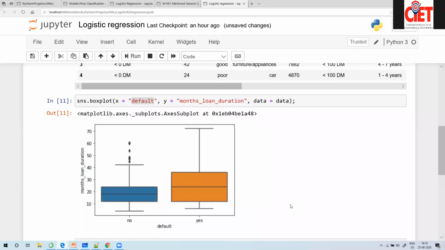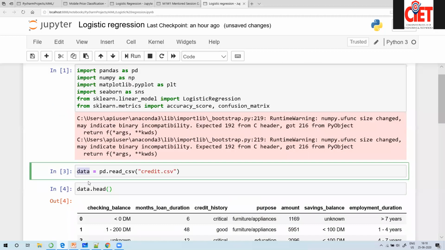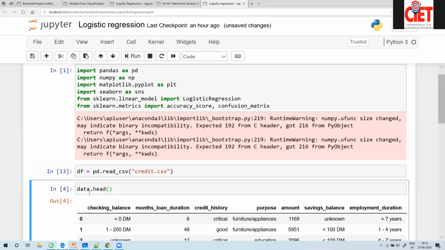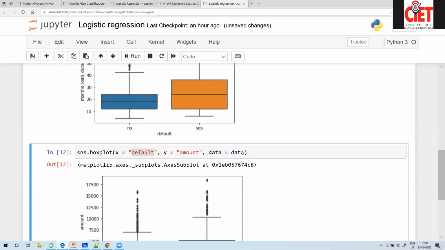Ideally, we should not have used the name data for a data frame. That was probably a mistake from my side, because it's generally a keyword present in Python, and it is not good to use keywords as names at any point in time.